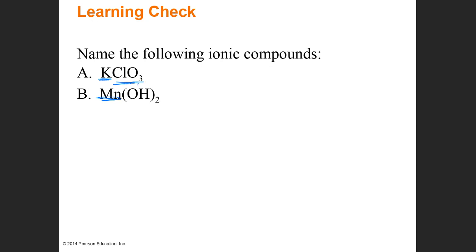Okay, so the potassium and the manganese stand right out. And this one is obvious because you see the parentheses, so you know that has to be the OH ion. I don't see parentheses here, so I'm going to assume that this whole group is my negative ion.